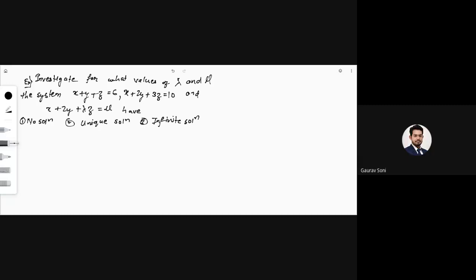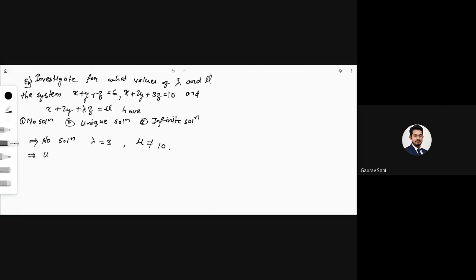Yes, exactly. Okay, so I'll just write down the final solutions as stated. All those solutions that Ananya and Preeti have got are correct. So for no solution, lambda is equal to 3 and mu is not equal to 10.